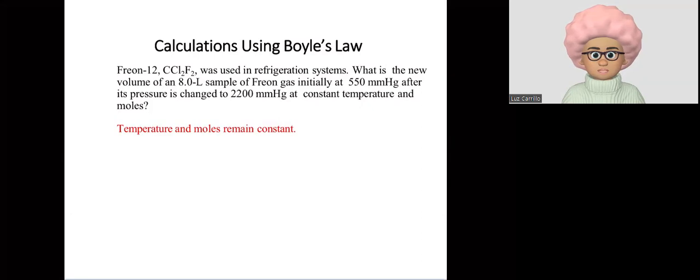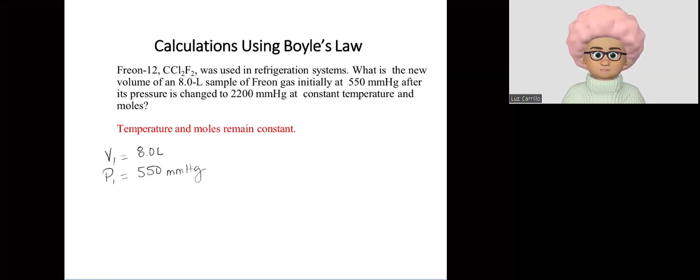Whenever we're trying to solve these problems, we must state the information that is given. So in this problem, we are given the initial volume, which is 8.0 liters. We're given the initial pressure, which is 550 millimeters of mercury.